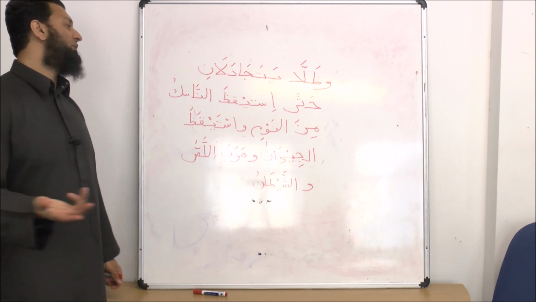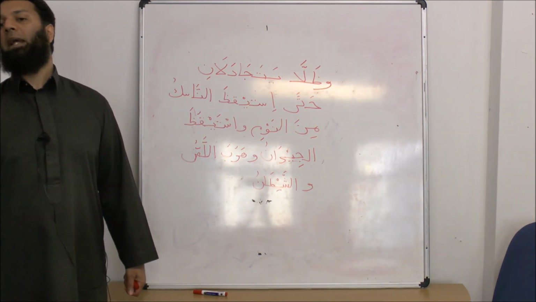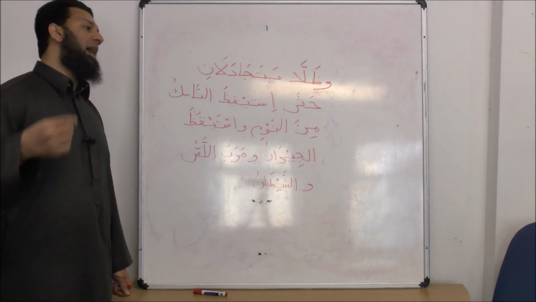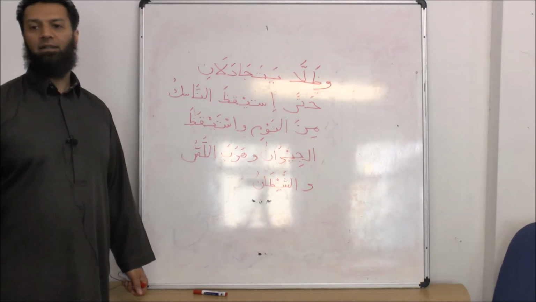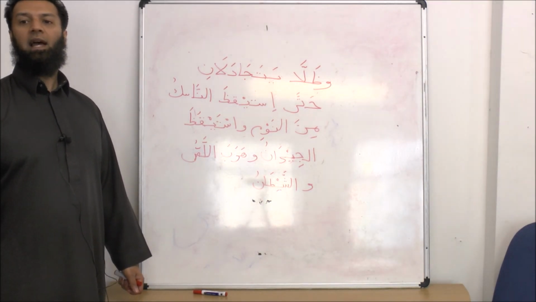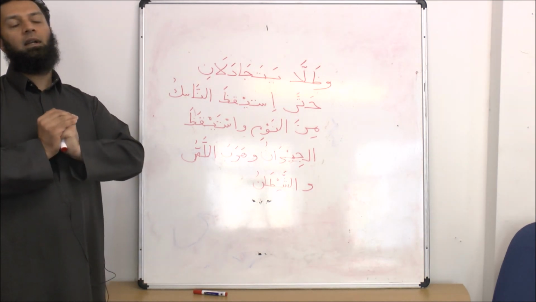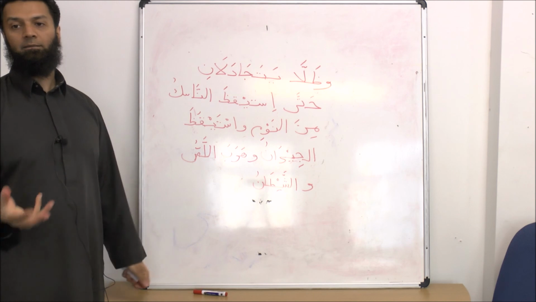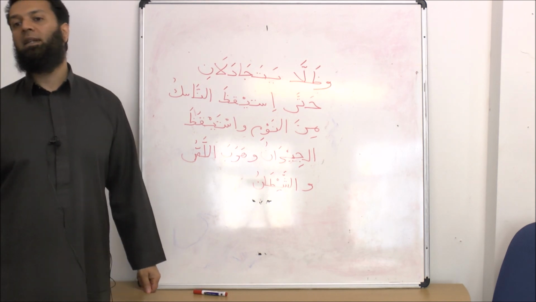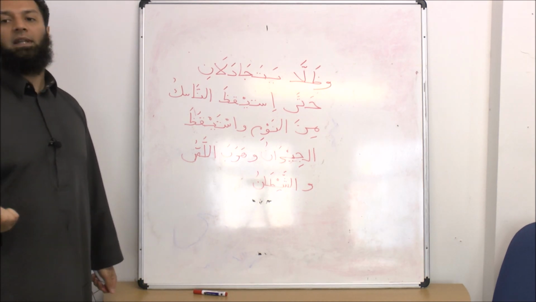Or if you wanted to use the verb, you would say أنا أتمكن من أن ألعب cricket. أن ألعب, to play. لعب is he played. ألعب I'm playing.